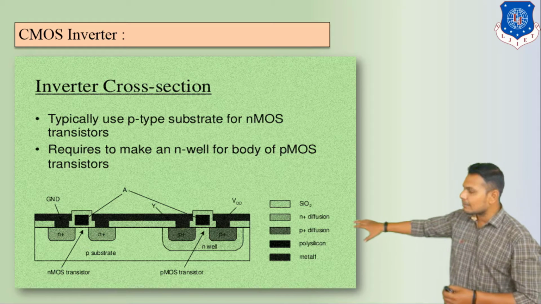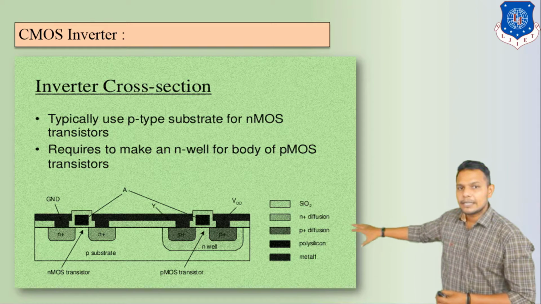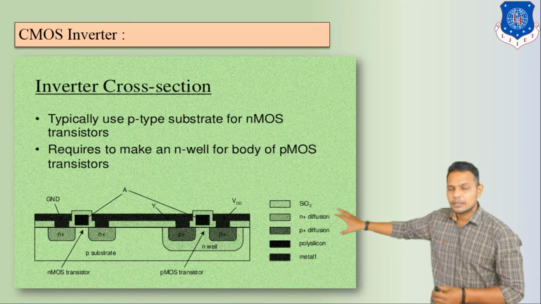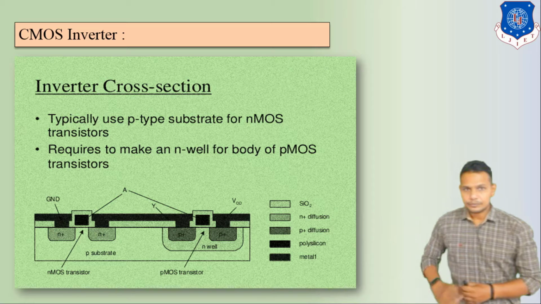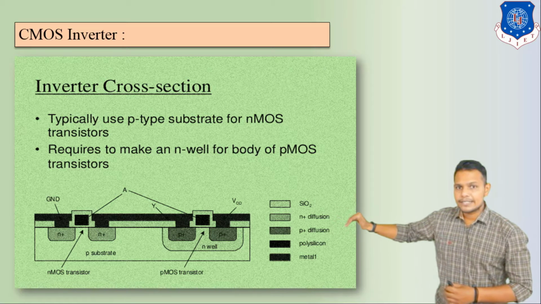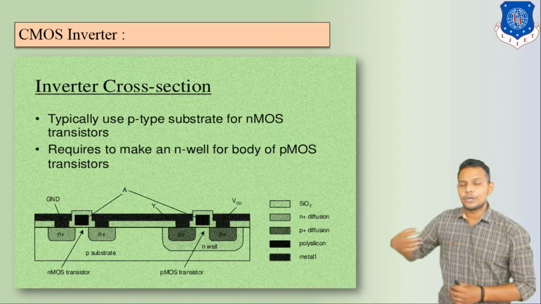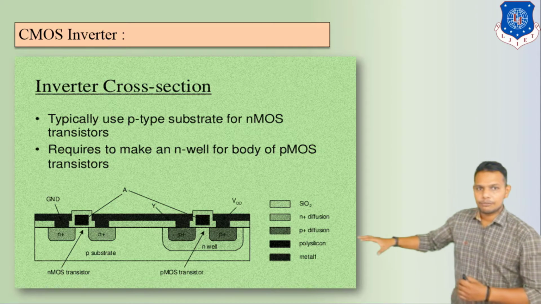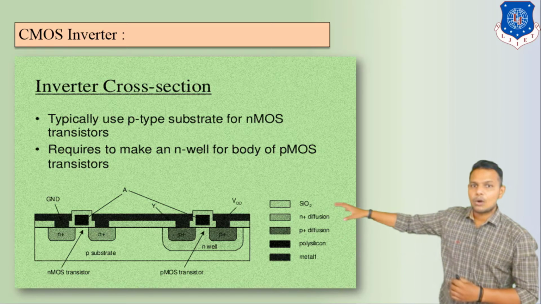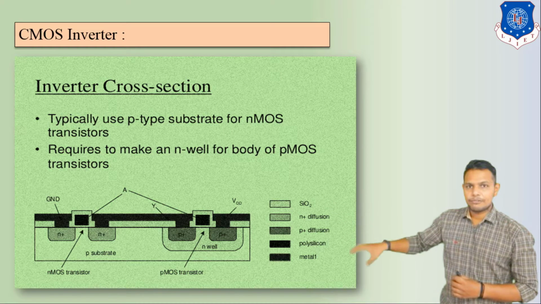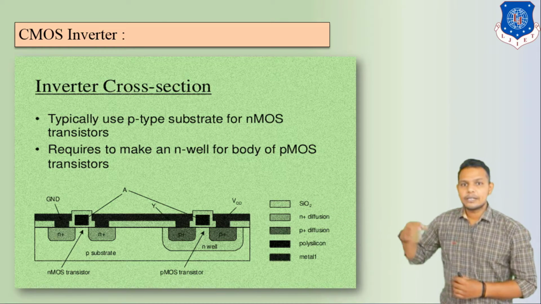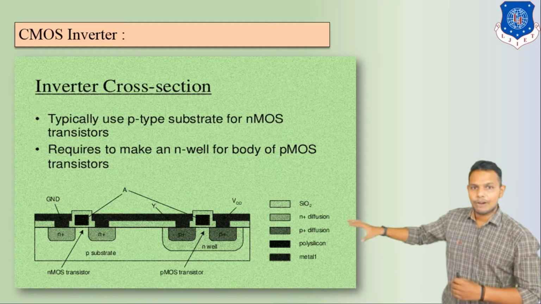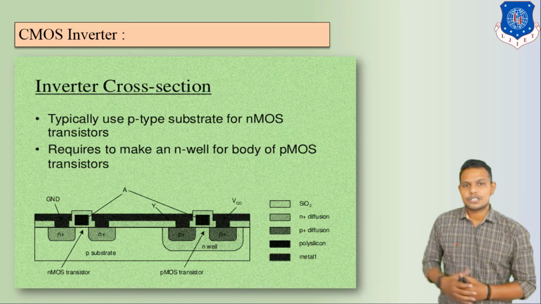In this circuit diagram we can see the N channel and P channel MOSFETs being used. Here A indicates where we connect the gate terminal, VDD and ground indicate where we connect the drain terminal, and between them at Y we connect the source terminal.